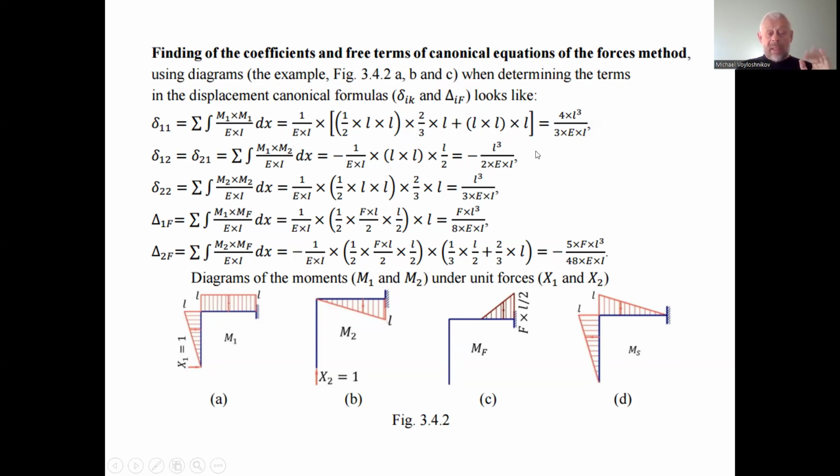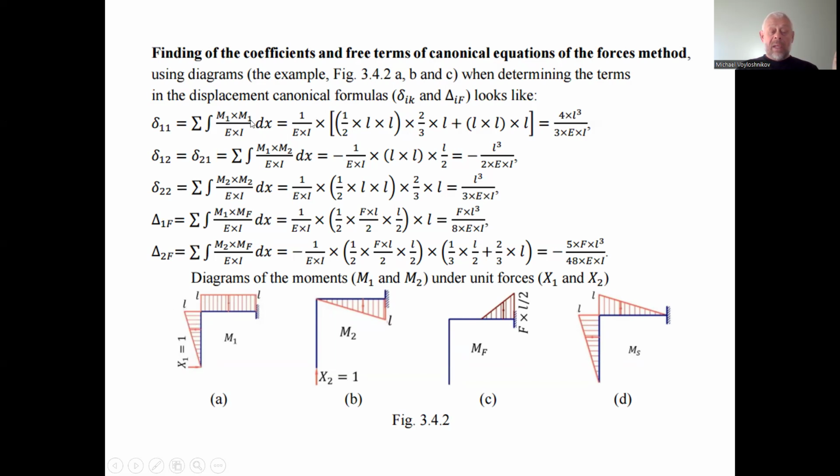I can remind that we can find the product of the diagrams directly, if we have these diagrams as analytical equations, by doing the mathematical transform. We can find this analytical equation, a linear dependence of the bending moment and unit force on x. This is linearly inclined, while the other is an evenly distributed bending moment.